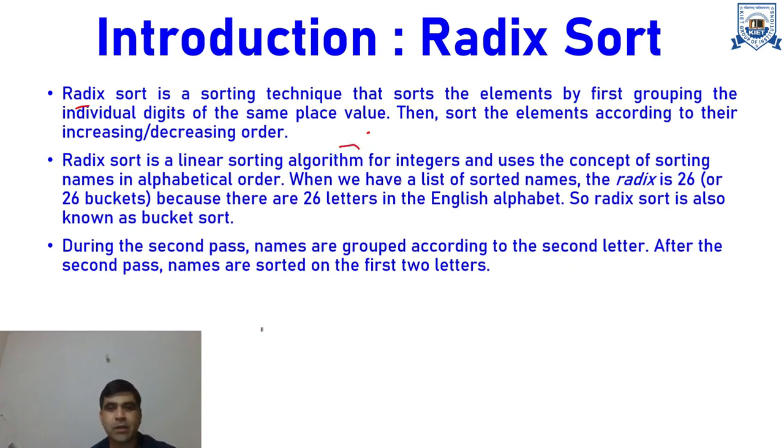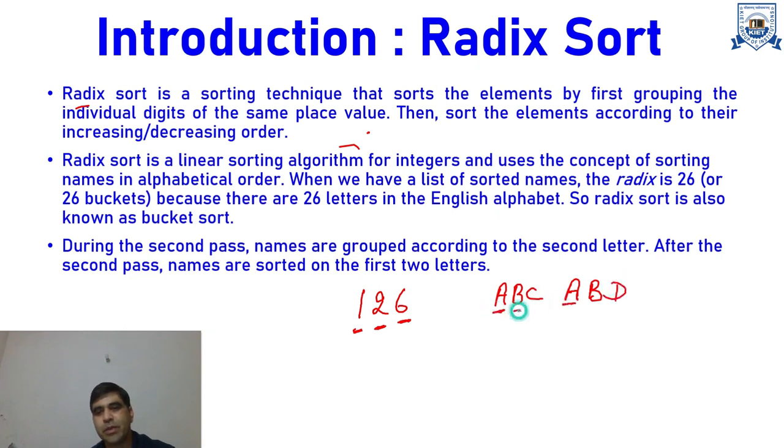For example, if we have the value 126, this is the ones place, this is the tens place, and this is the hundreds place. When we want to compare two strings, let's suppose a b c and a b d, we compare the first two, which are the same, then the next two, which are also the same. Then we compare c and d, and we find that d is greater than c, so we say that this particular string is larger.